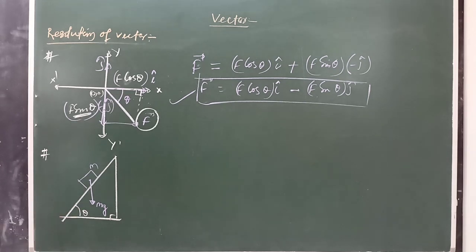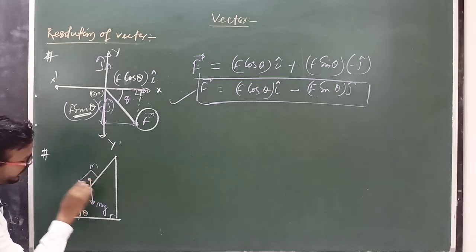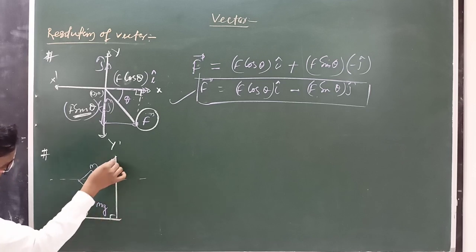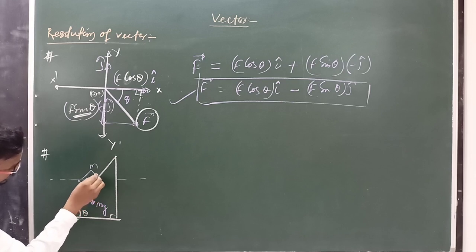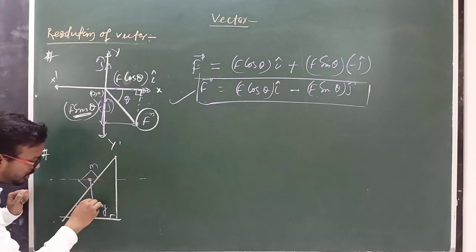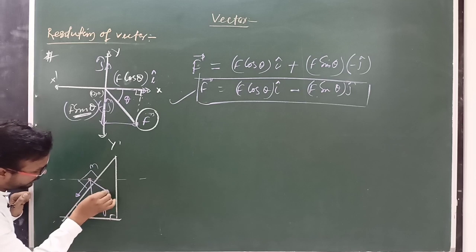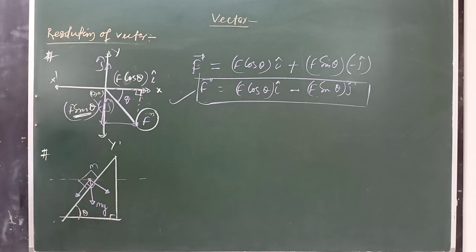So in this case we use this angle theta and this point. These two lines are parallel to each other and there is the intersection point. So this angle theta, we have to draw the rectangular components. For this vector, draw rectangular components along this direction, and the angle between the components should be 90 degree.